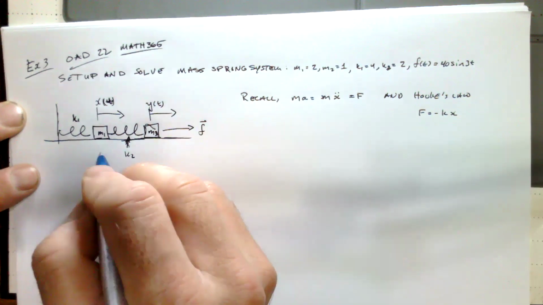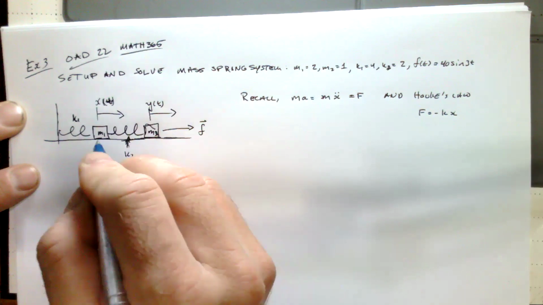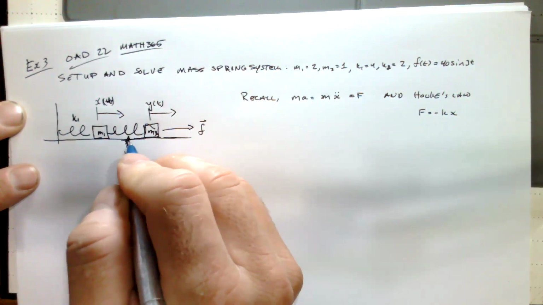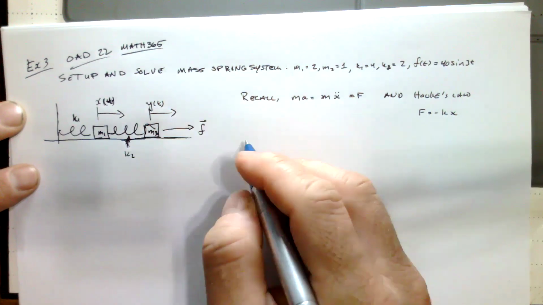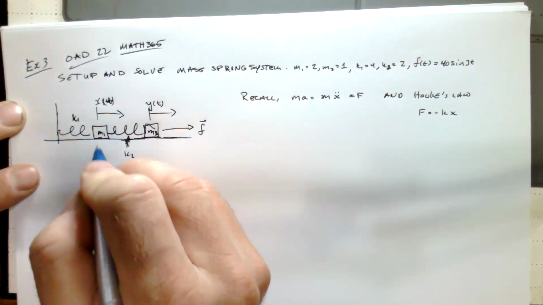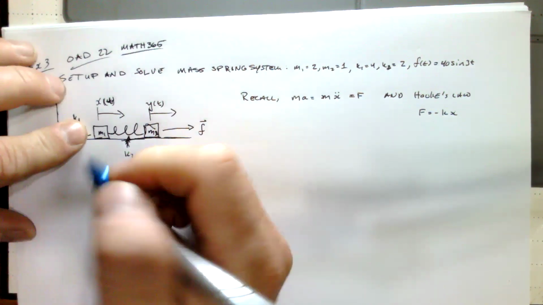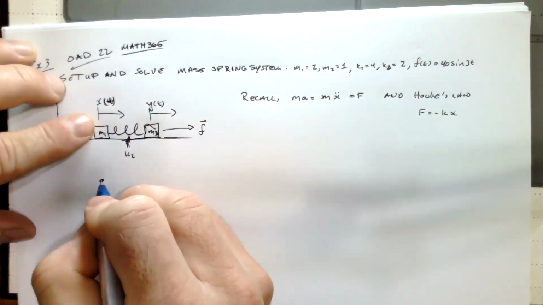It's really just looking at the free body diagrams of each of these individual masses and thinking about how they are interacting with each other. So if we consider the first box, what's happening with it? If you imagine the force is pulling it this way, what forces are acting on M1?